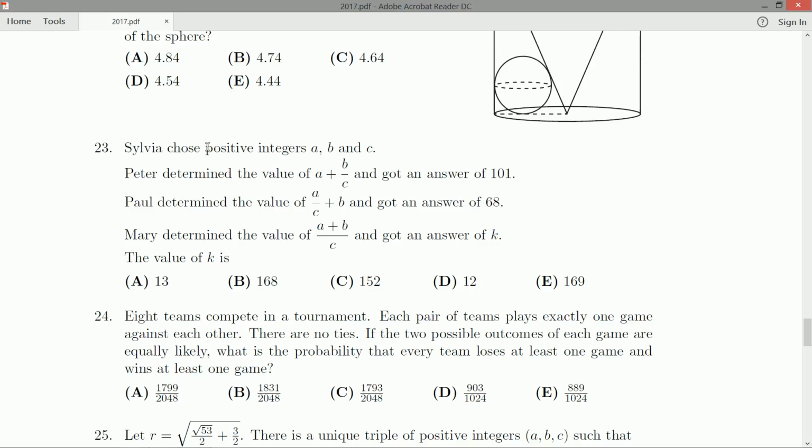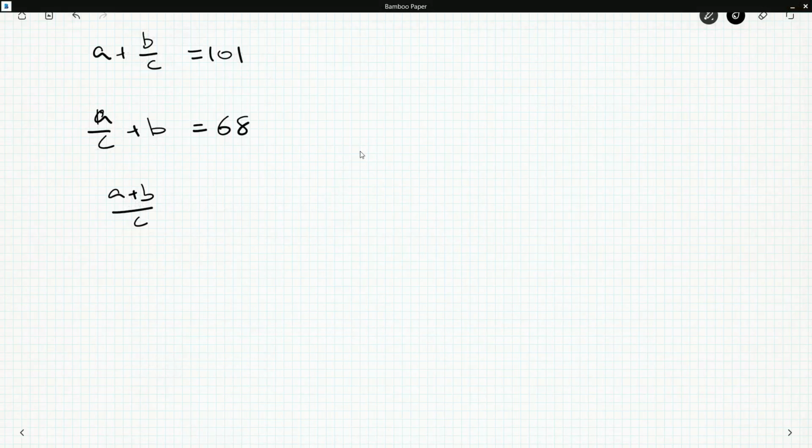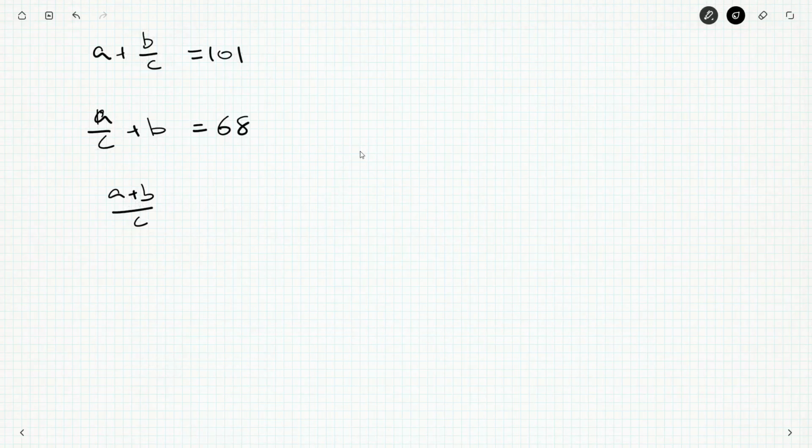Oh, and so we probably actually can get a, b, and c, because positive integers will likely narrow some things down for us. So we need positive integers here.